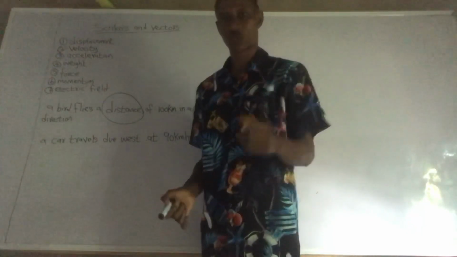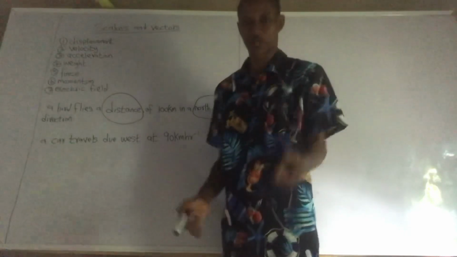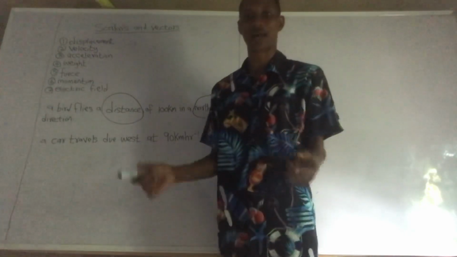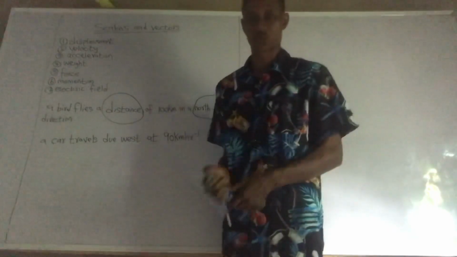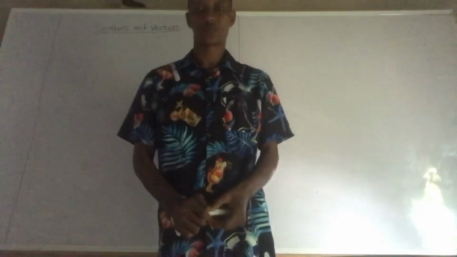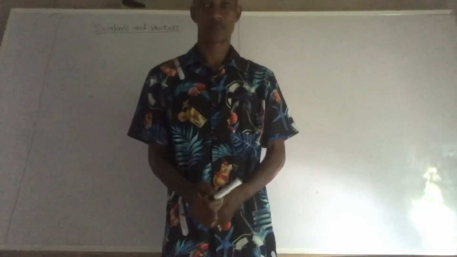But what you just know now is that vectors are added by geometric methods, unlike scalars, which are added by ordinary algebraic method.